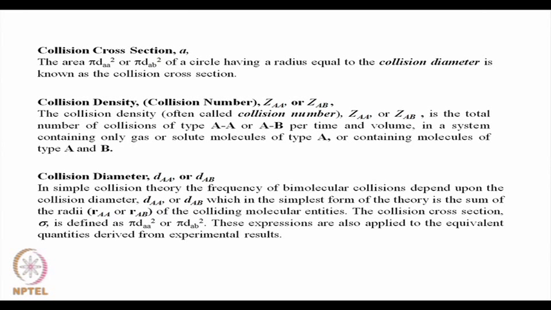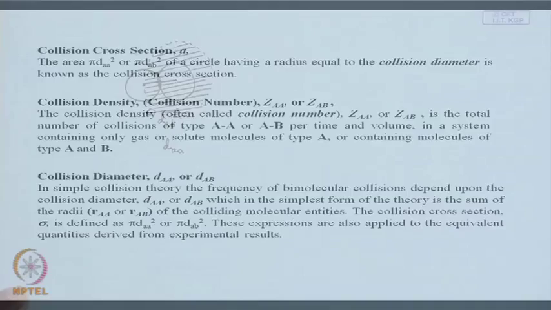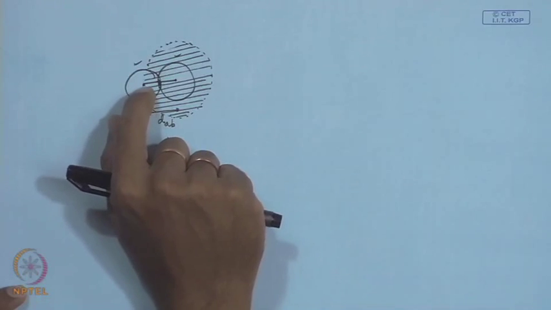Then collision diameter, d_AA or d_AB. In simple collision theory, the frequency of a bimolecular collision depends upon the collision diameter d_AA and d_AB, which in the simplest form of the theory is the sum of the radii r_A and r_B of the colliding molecules, as I told over here. So, the sum of this radius and the other radius.